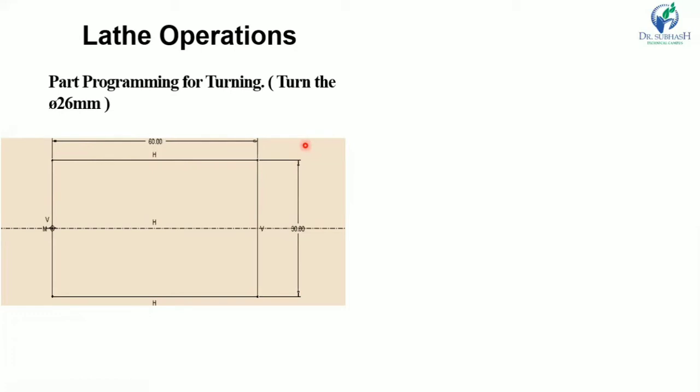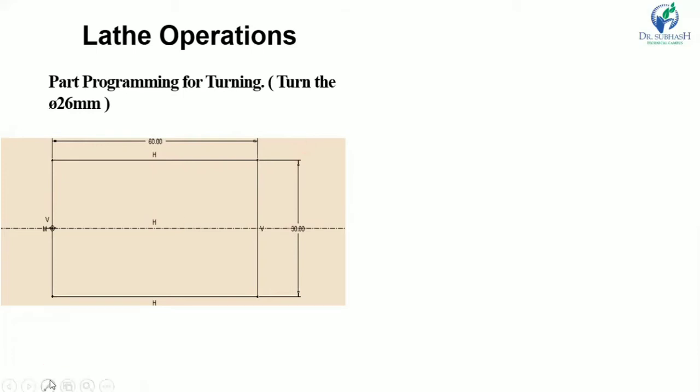In case of CNC lathe operations, only two axes, X-axis and Z-axis, are involved. The Z-axis is the axis of the spindle and the X-axis is the direction of transverse motion of the tool post.